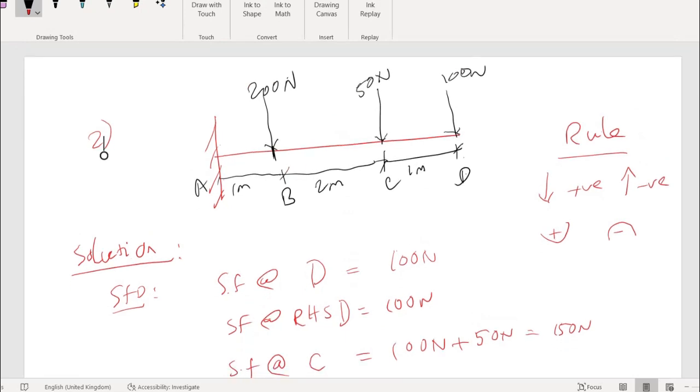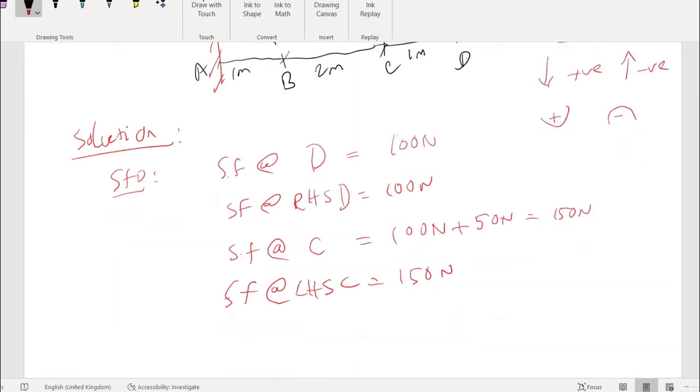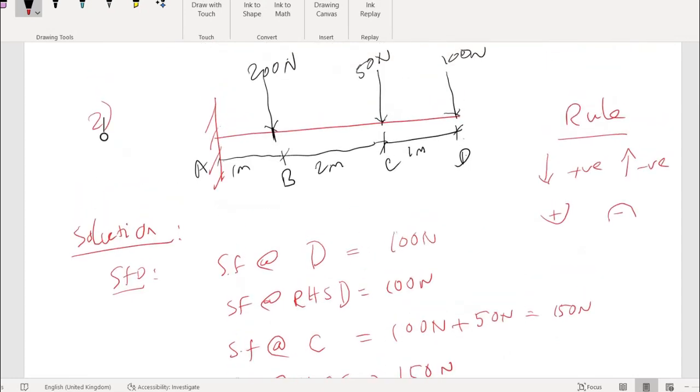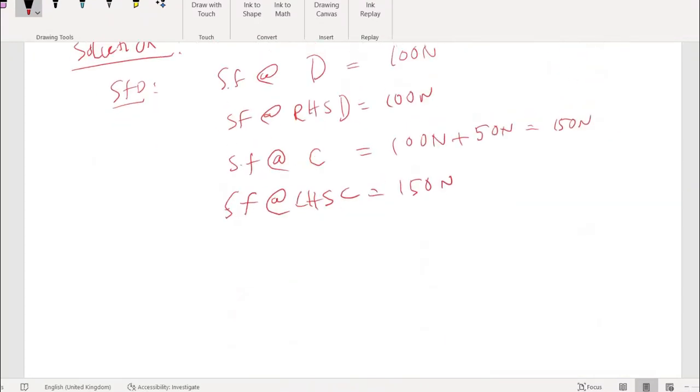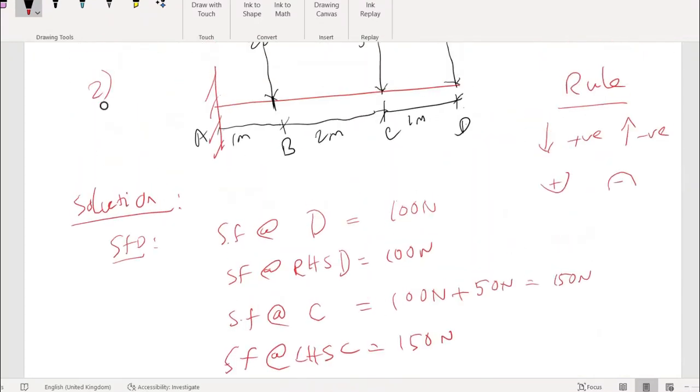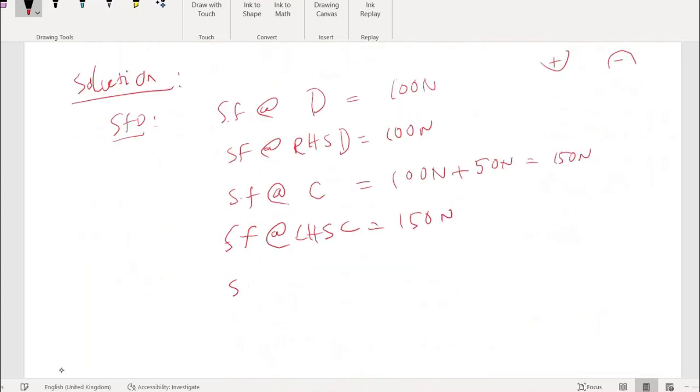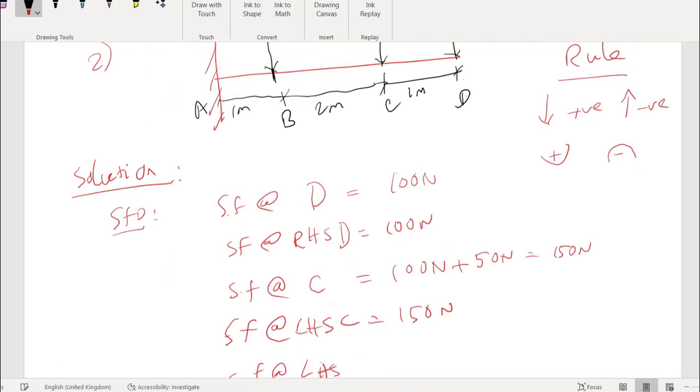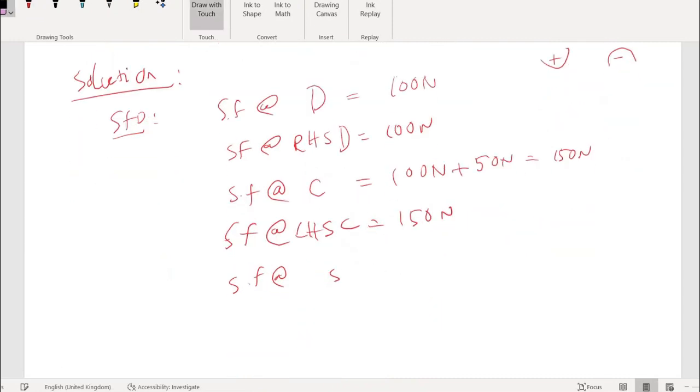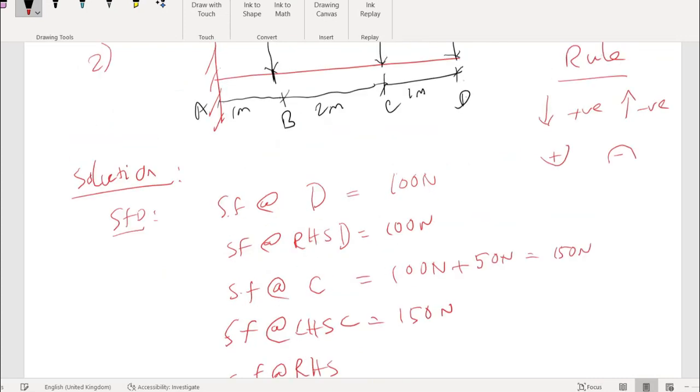When you reach B, it will be different, right? Or just go near to B, left hand side of B. Shear force at left hand side of B. For your understanding only I am detailing it, otherwise no need for all these right hand side, left hand side.